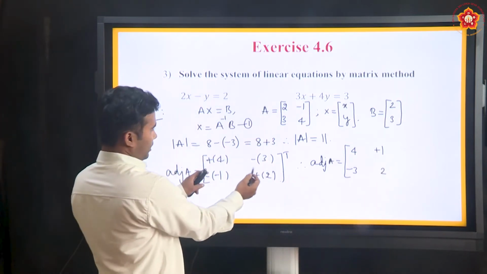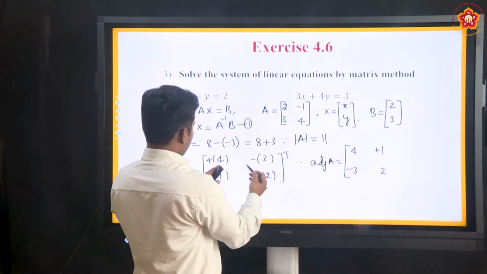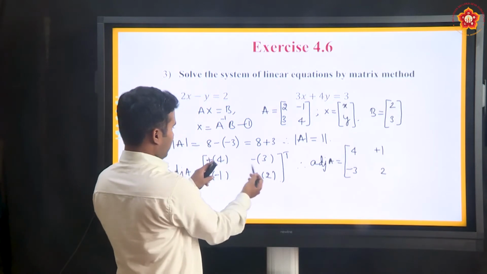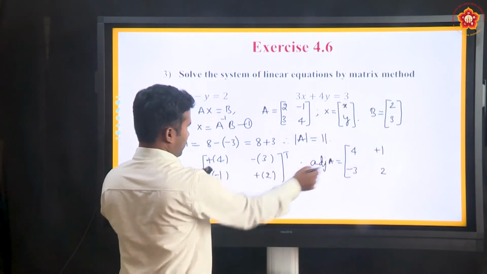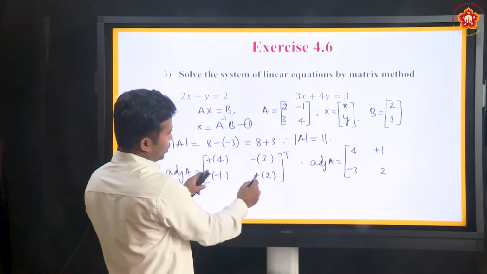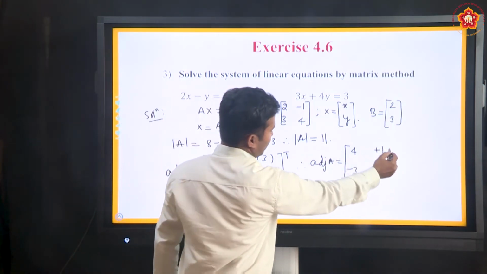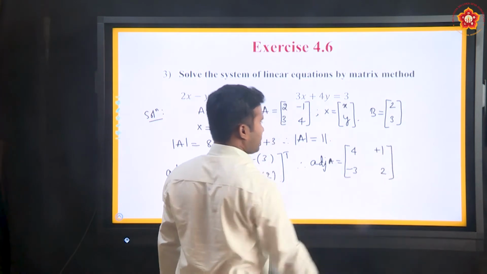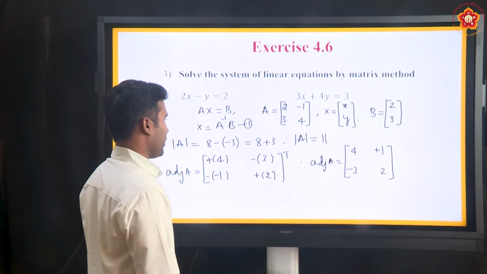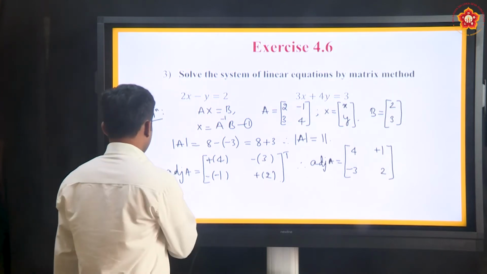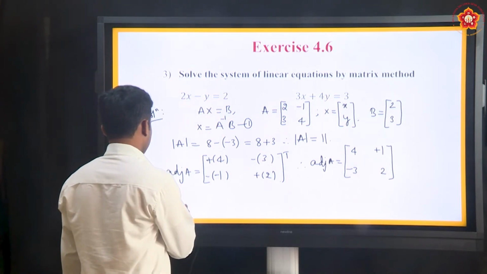We have transposed it, interchanged or flipped, we can say: 4, 3 in the first row becomes the first column, and the second row 1, 2 becomes the second column. This is the adjoint of A. Once you find the adjoint of A, we can find A inverse.